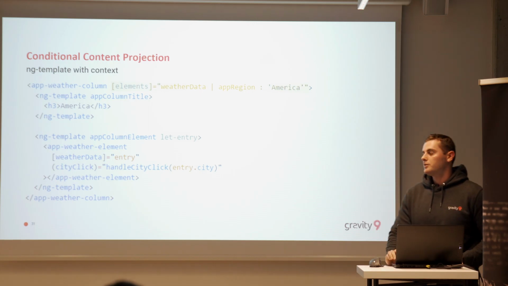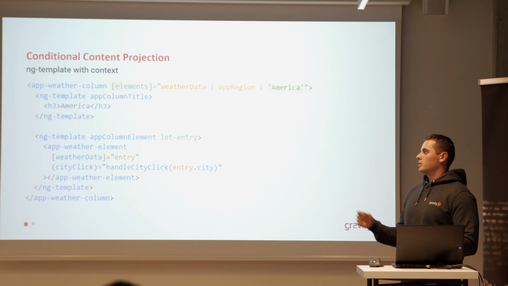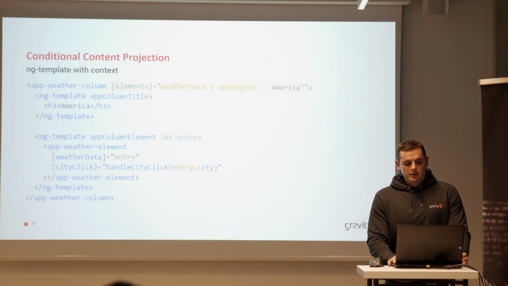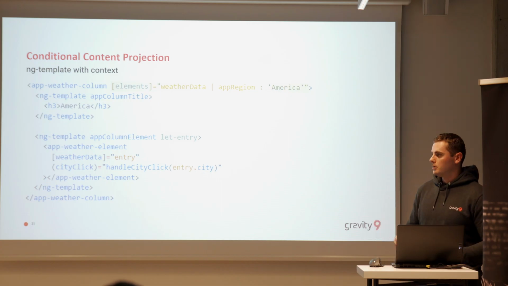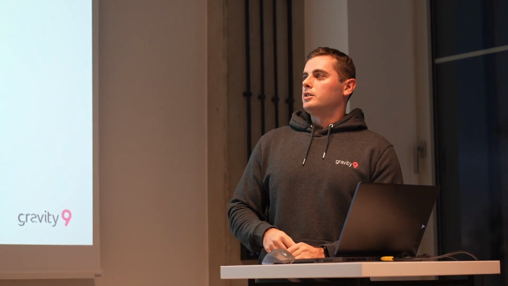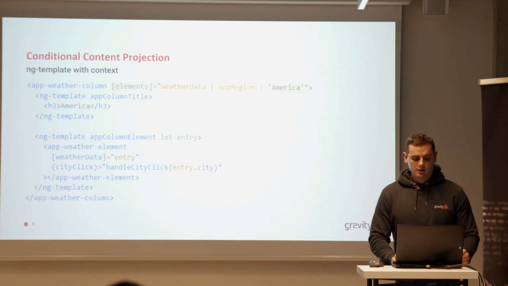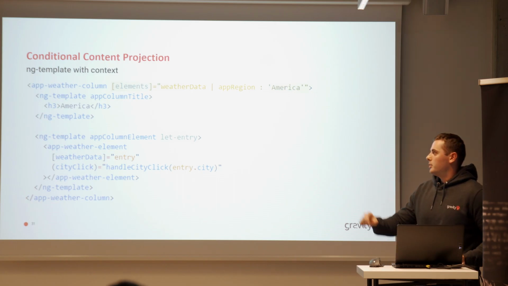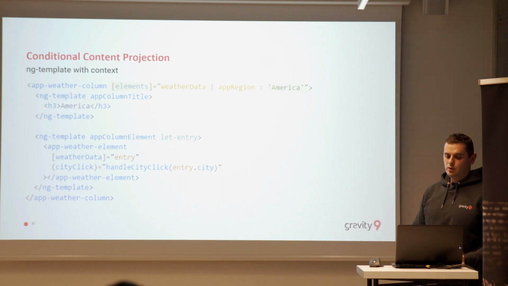That's pretty much the same example that we saw just a few slides before. But in this case, instead of having two for loops to generate the ng-templates, and also on the child component side the second for loop to actually render them, this time we don't have this for loop in the parent component. We just pass the elements as a simple input to the weather column component. And we pass only one template that will be used for all the elements.